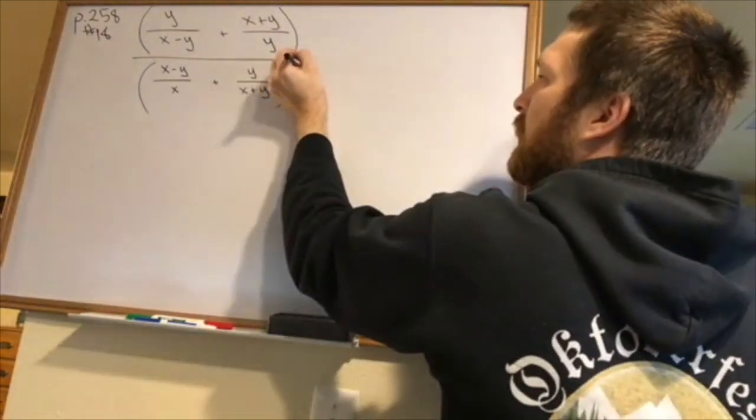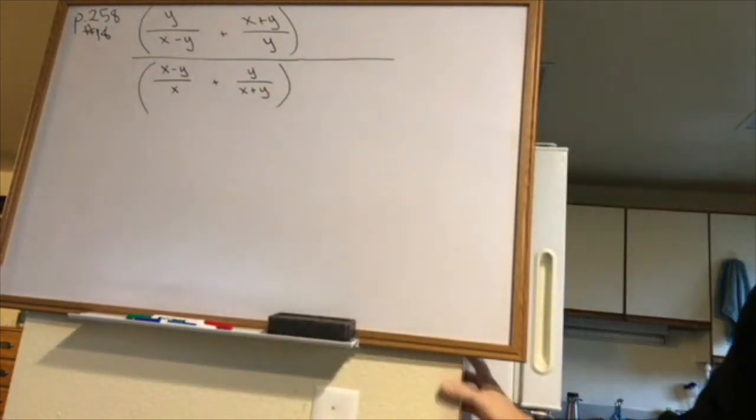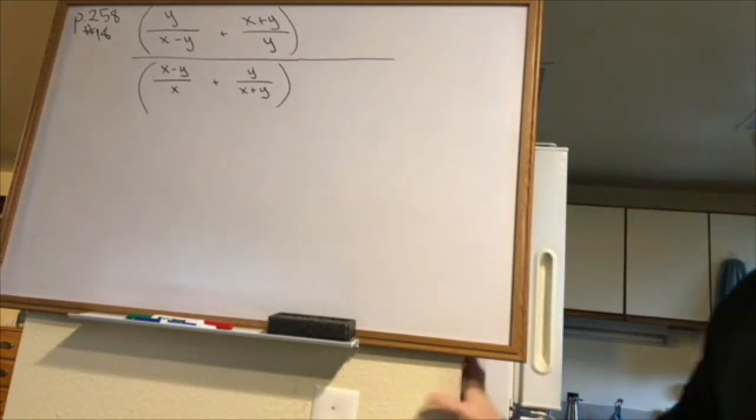So let's just start in the top left-hand side. What do I need to kill that first denominator?